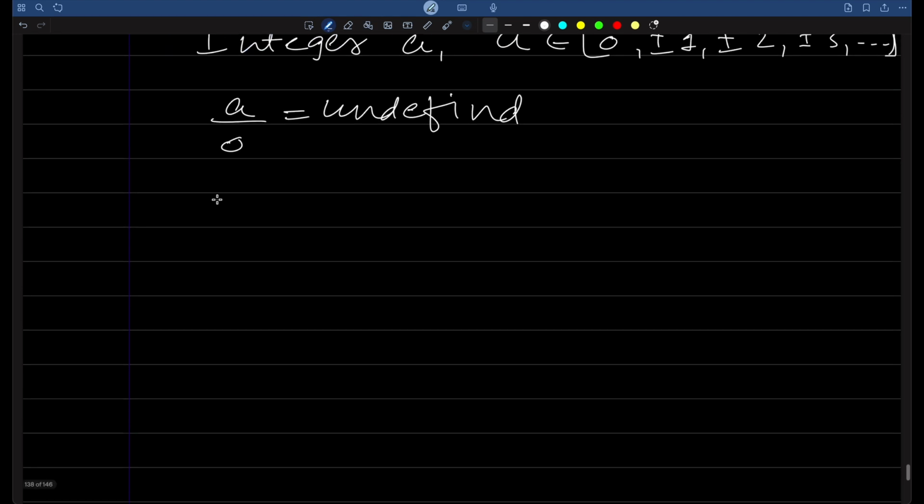But if we do 0 divided by a, that is equals to 0 for a not equals to 0.